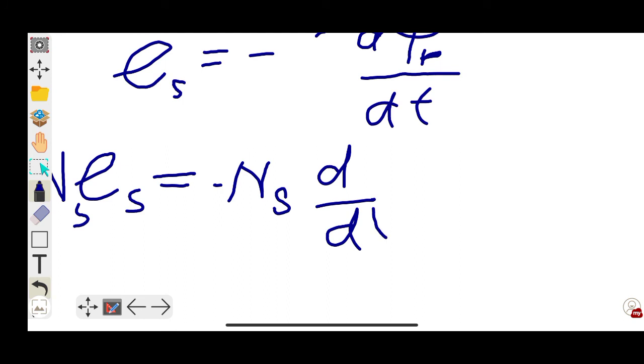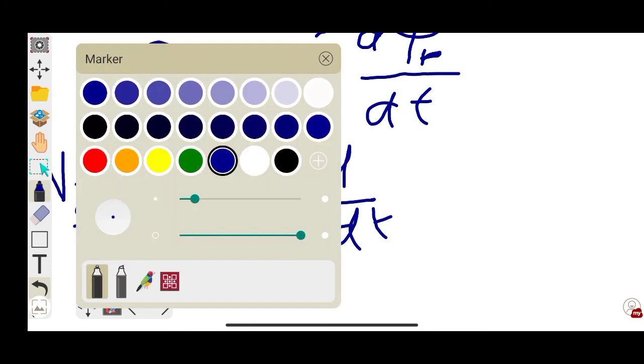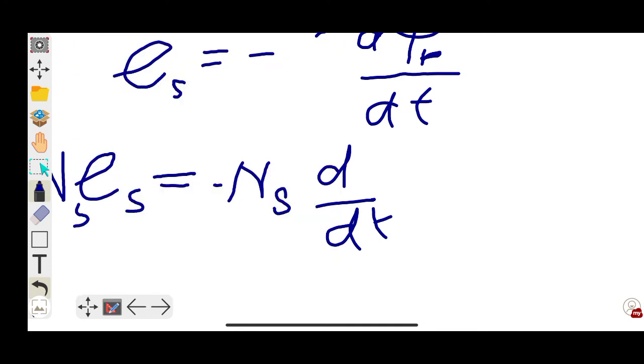Now what is the expression for magnetic field? If we are assuming a solenoid, of course we have taken a solenoid, I'll write the expression for magnetic field due to the solenoid into area. So the magnetic field is mu naught I, then N in primary divided by L, into area.